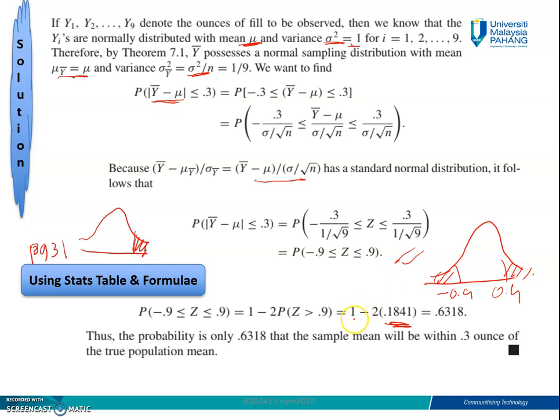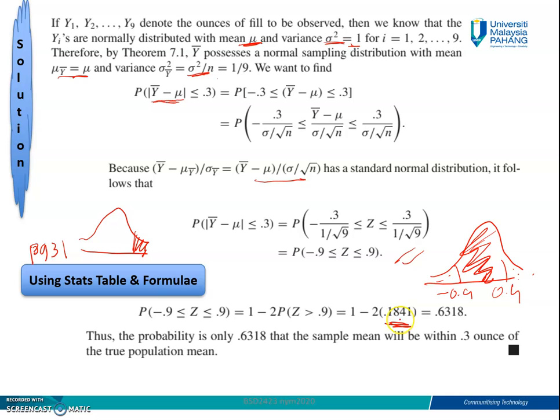Because the value given in your table is the area on the right, basically you can do 1 minus 2 times this value. In applied statistics, you find the error, the rejection area. But here, we want to see that the value is between negative 0.9 and 0.9, so it will be inside here. That's why you take 1 minus 2 times the area, and you get the middle, which is 0.6318. Look at page 31 of the stat table, the Z value is 0.9, and it will be 0.1841.